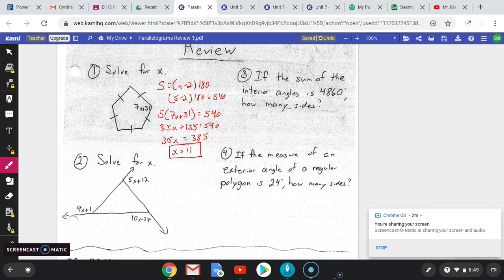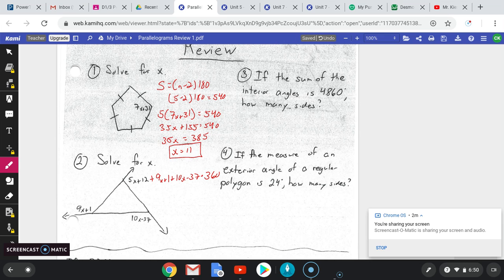Number 2. If I look at number 2, these are all exterior angles. So I have to add them together and set it equal to 360, because no matter how many sides a figure has, exterior angles always add to 360 degrees. So I have 5x plus 12 plus 9x plus 1 plus 10x minus 37, set equal to 360.